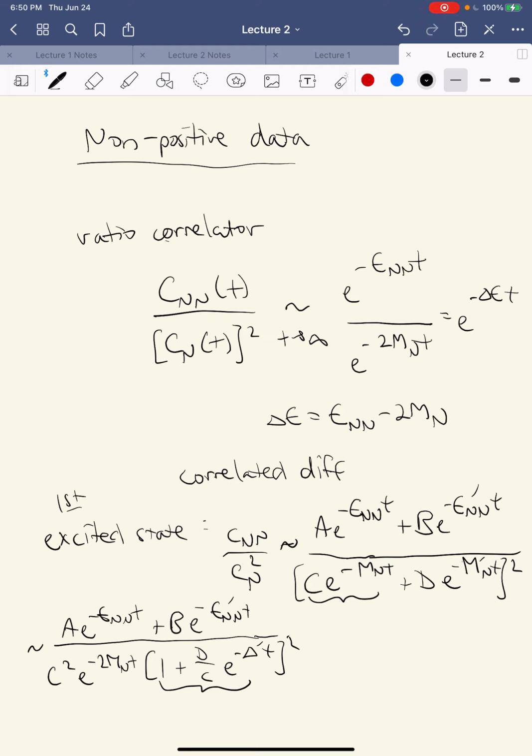All right, so now I have something that I can expand. So this term is much smaller than 1, so I can expand this denominator. Yeah, I need more space. Okay, so this guy goes like, this is just copying down the numerator.